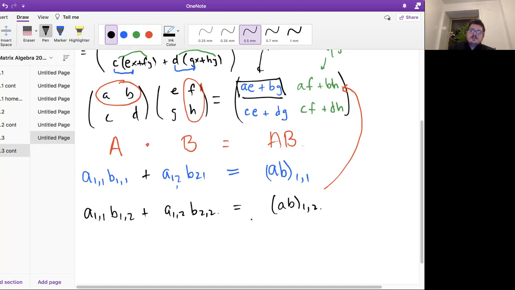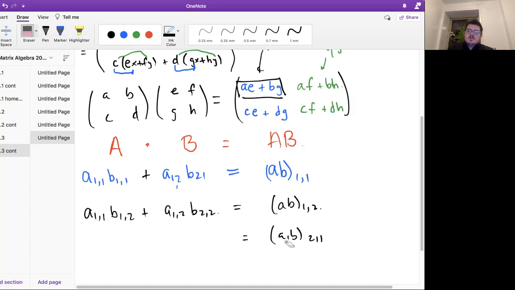Okay, and so we're almost there. For AB21, what row do we look at in the first matrix? So this is this one. Yep, second row. And what column of the second matrix? First.